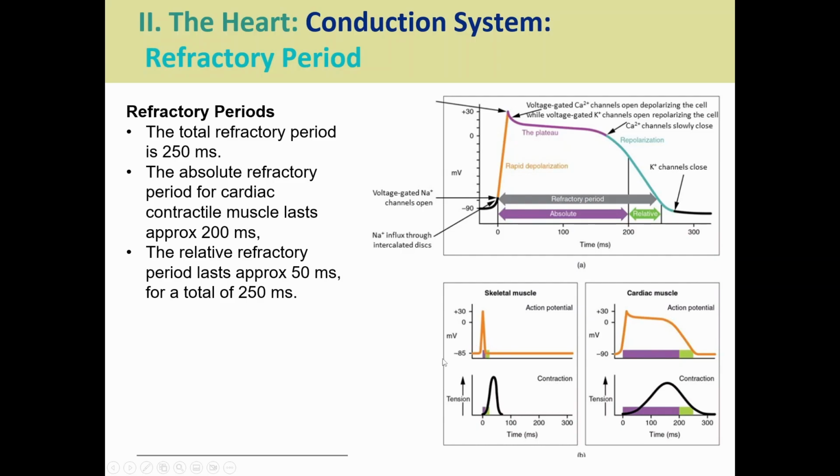Here's an action potential for skeletal and the contraction that slightly follows. Cardiac looks different: on the skeletal muscle side it's nearly instant, whereas on the cardiac muscle side it happens a little slower, and it's slower to return back down.